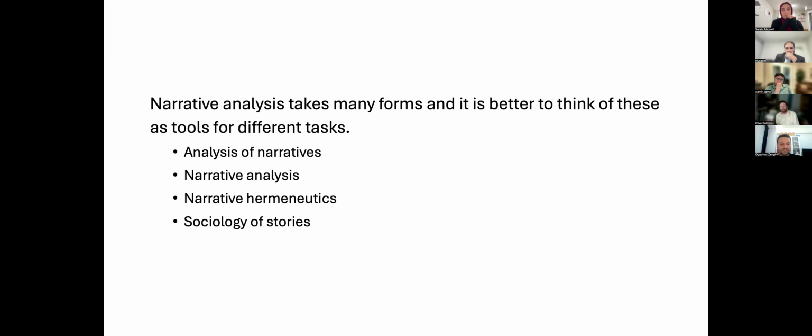Narrative analysis takes many forms, and it's better to think of it perhaps as a set of tools, and you apply these tools according to what you're trying to achieve. I'm very eclectic or messy in how I analyze data.